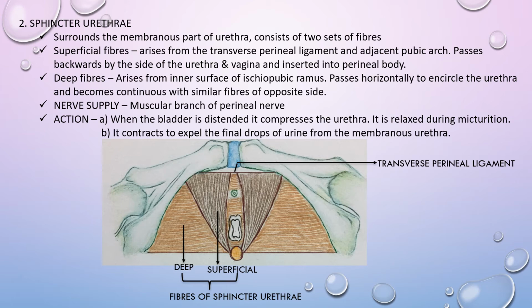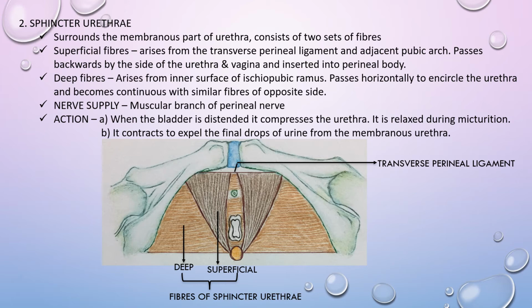If we take the deep fibers of this muscle, these fibers arise from the inner surface of the ischiopubic ramus. These fibers pass horizontally to encircle the urethra and become continuous with the similar fibers of the opposite side.